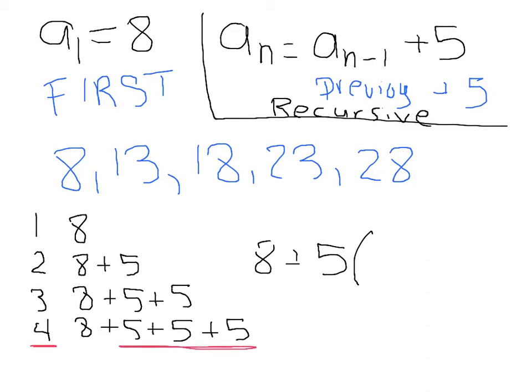So this is number of terms minus 1 power. And that's how you get the last term, a sub n. This is the explicit definition.